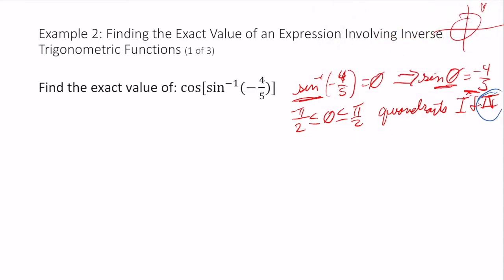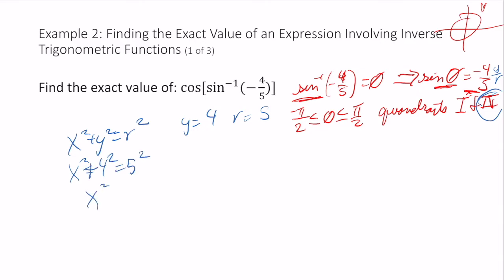Let me switch to blue. It's a less angry color. So again, we're going to use this circle method. I know that x squared plus y squared equals r squared. Sine of theta is y over r. So I have y is 4 and r is 5. So I'm going to solve for x. x squared plus 4 squared equals 5 squared.